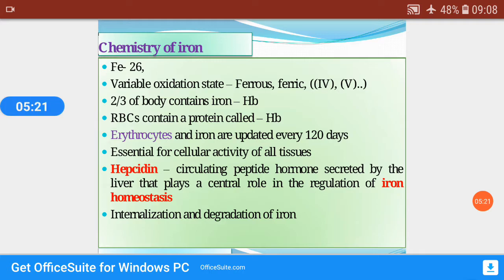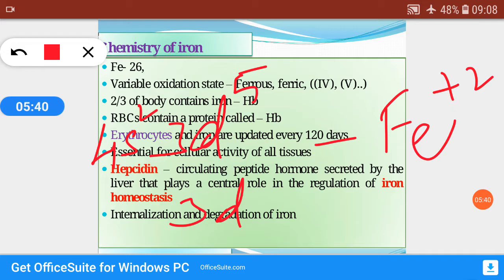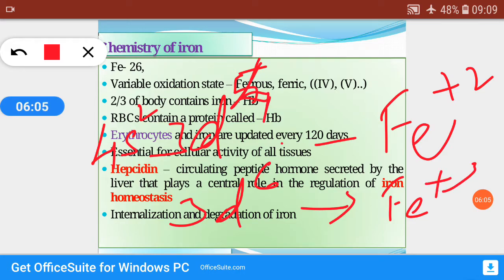So the outer electronic configuration is argon 4s2 3d6 in the 0 oxidation state. Sorry, I will correct this. For iron in the +2 oxidation state it is 3d4 and in the +3 oxidation state it is 3d3, as I wrote.